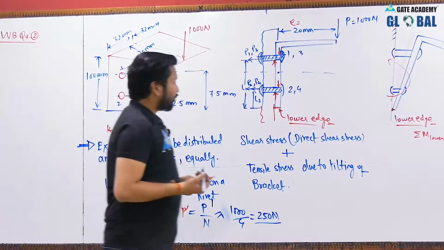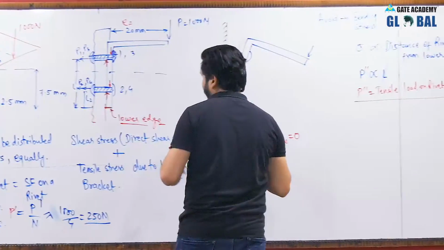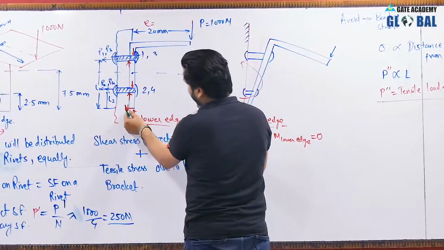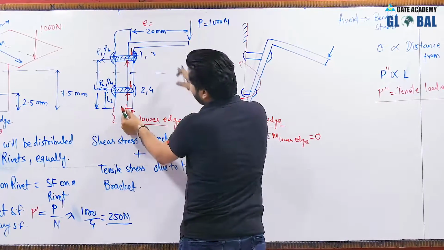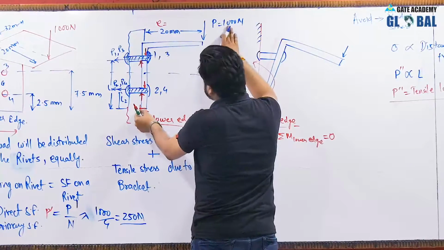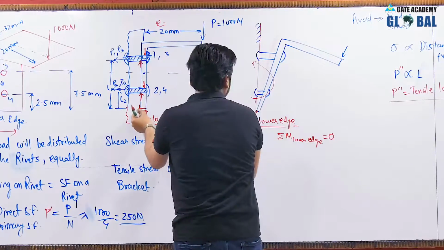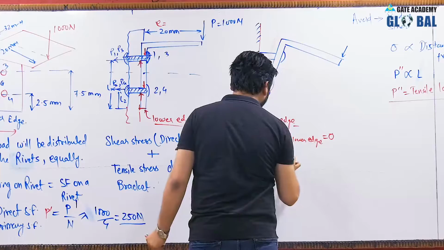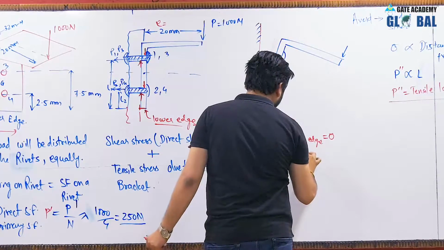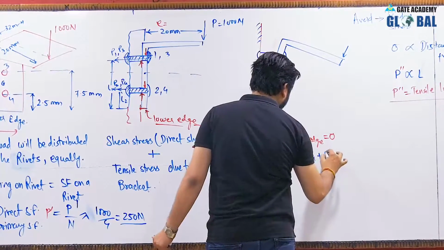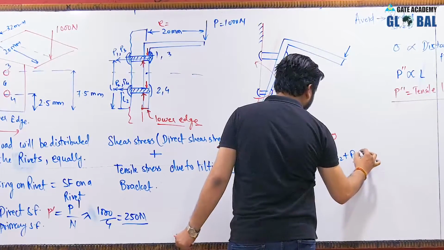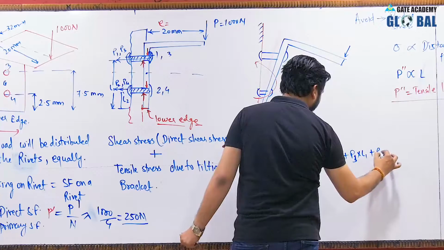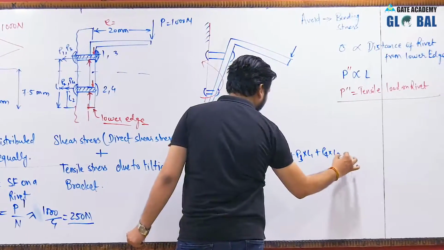About the lower edge, these forces will produce an anticlockwise moment, and the external load is producing a clockwise moment. So P into E is equal to P1 into L1 plus P2 into L2 plus P3 into L1 plus P4 into L2.